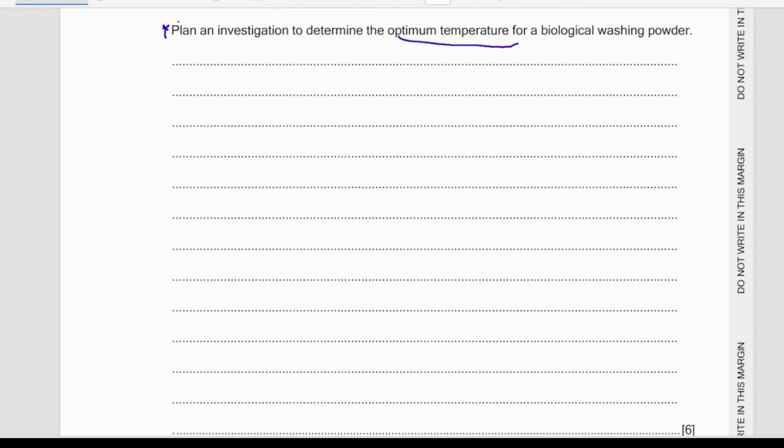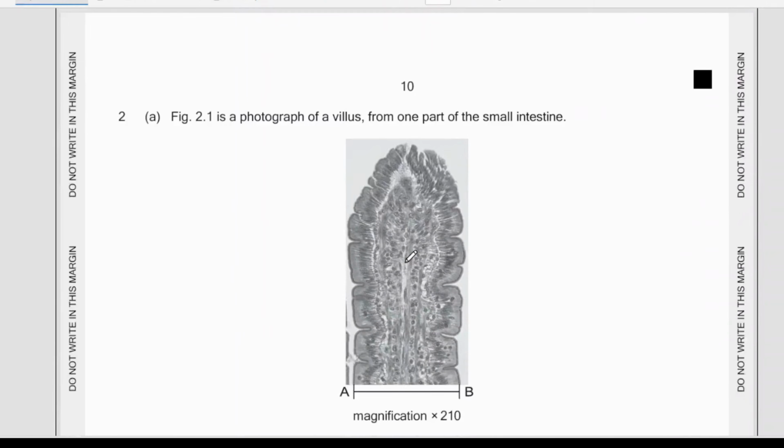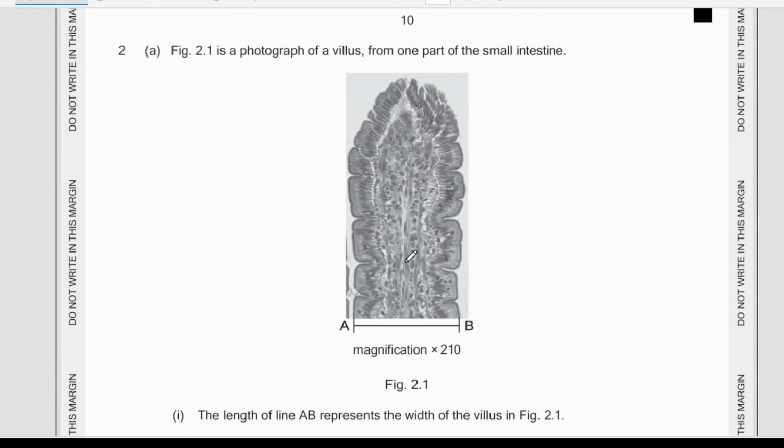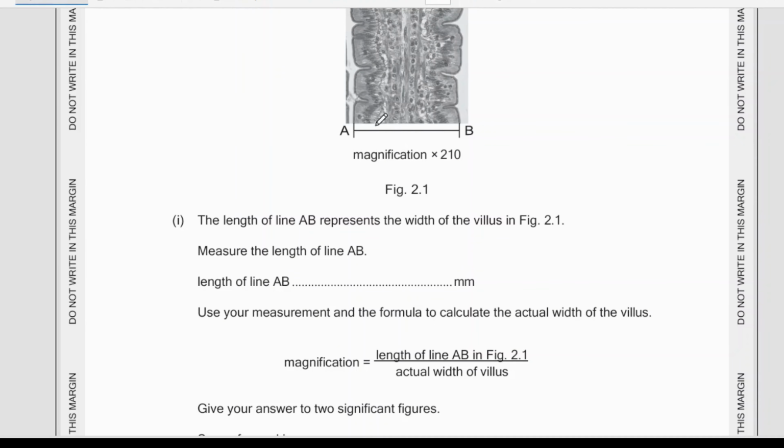Okay. The next question is related to the photograph of a villus from one part of the small intestine. What is the length of AB? I guess this is the size of paper for me.